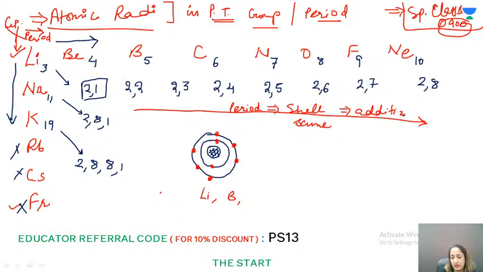Addition of electron to the same shell में ही add हो रहे हैं सारे के सारे. ठीक है, तो क्या होता है कि when we are moving in a period, we are adding, तो यहाँ पे ये 7th electron for fluorine, and when we move on to neon, there will be extra electron. Okay, so lithium से लेके neon तक when we moved, all the electrons they got added to our second shell.